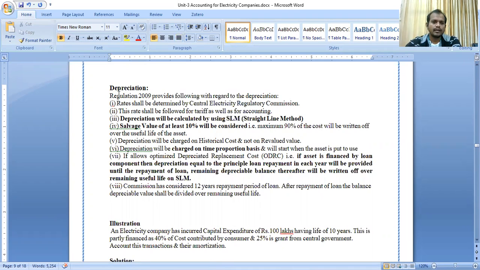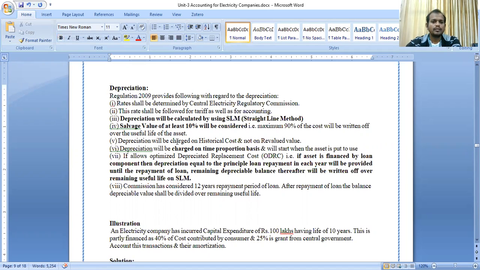And in regulation 2009 of the Electricity Act, they clearly mention at least 10% salvage value. At least 10% of the cost of the asset we have to consider as salvage value, so that 90% of the asset we can write off over the useful life of the asset.